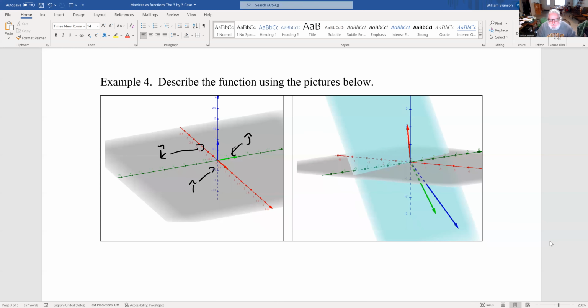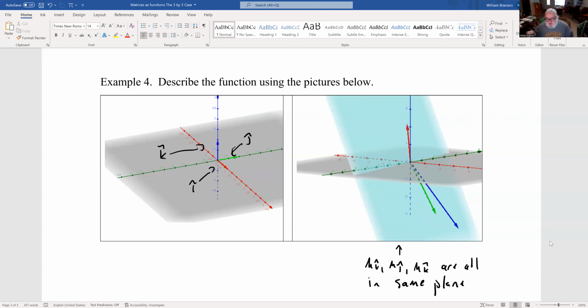So i hat goes to the red vector, j hat goes to the green vector, and k hat goes to this blue vector over here. These are all in the same plane, right? That's this blue plane. So all three of these vectors lie in this blue plane.